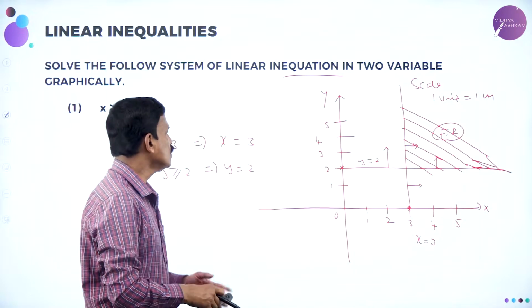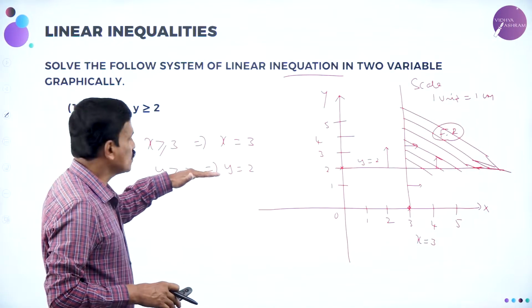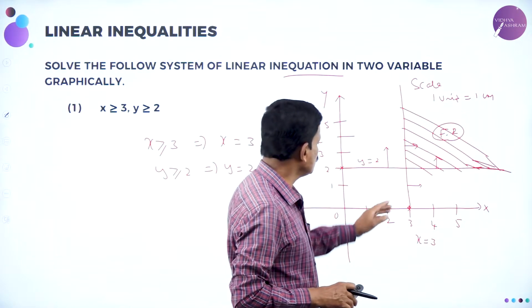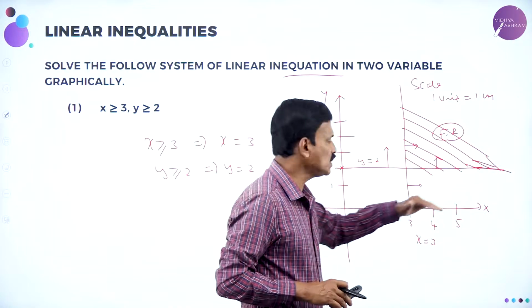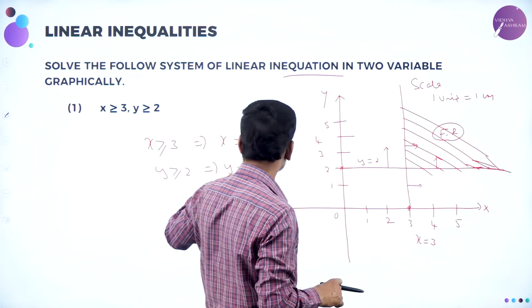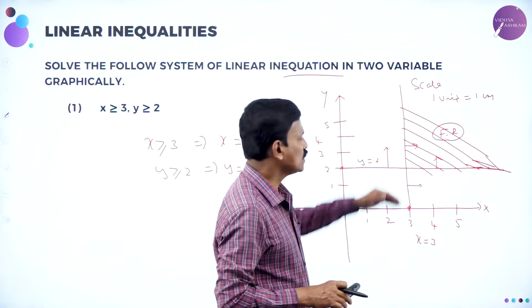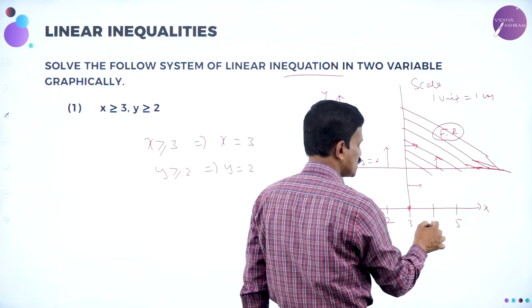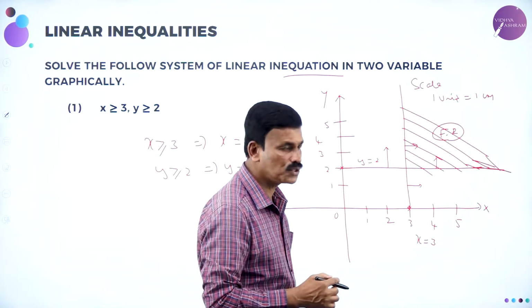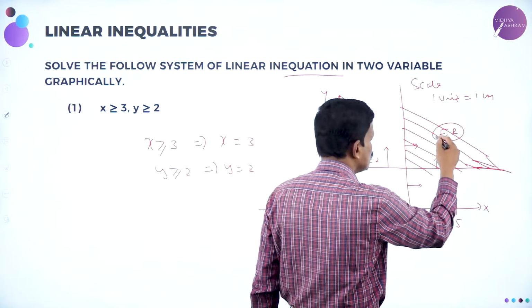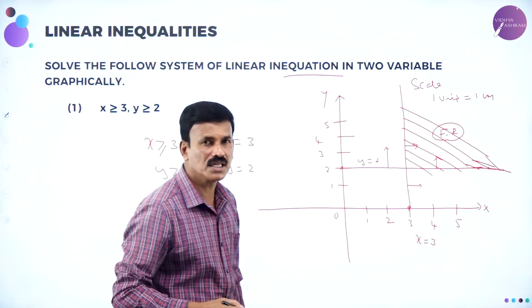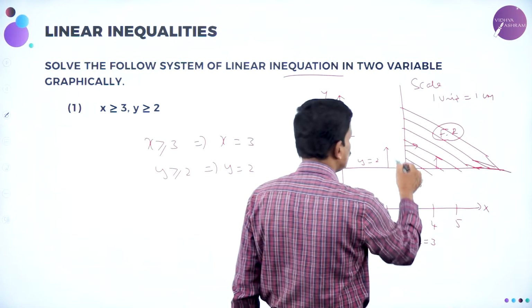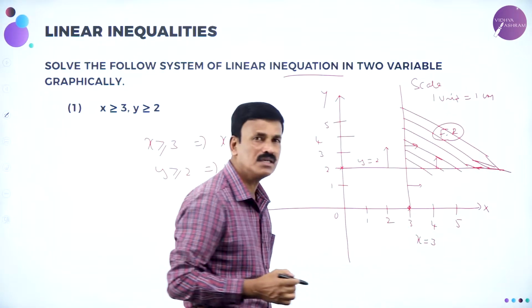See here. X is greater than or equal to 3 means x is equal to 3, and y is greater than or equal to 2, that is y is equal to 2 and above this. So all the values in the first quadrant with x greater than 3 and y greater than 2 come here. This is called the feasible region, and the intersection of these two lines gives the feasible region.